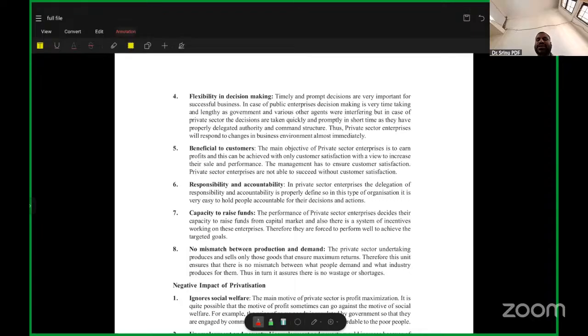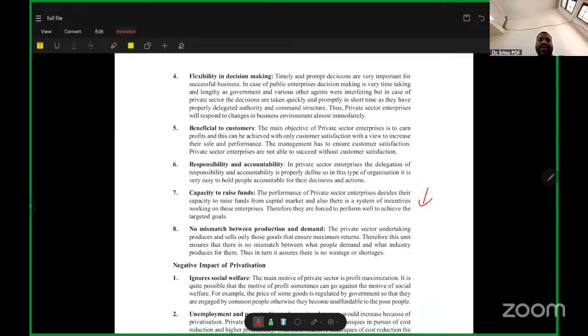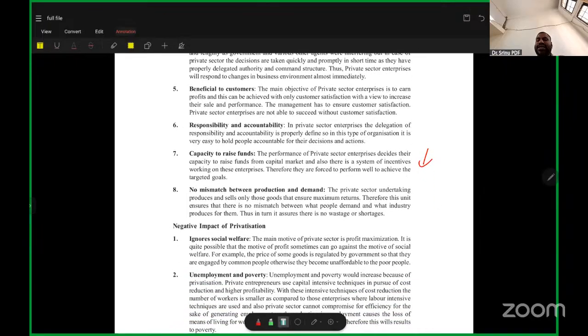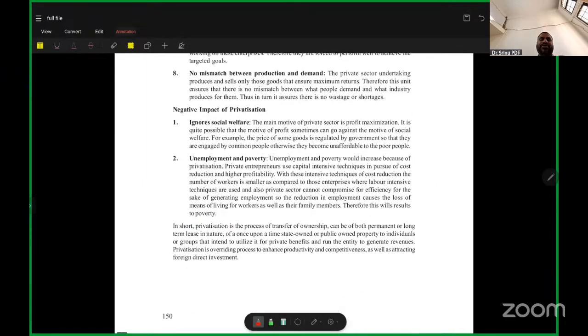Responsibility and accountability: whatever private parties do, they are responsible and accountable persons, with capacity to raise funds. They can easily raise funds. No mismatch between production and demand: as per the requirement of demand, they can produce.